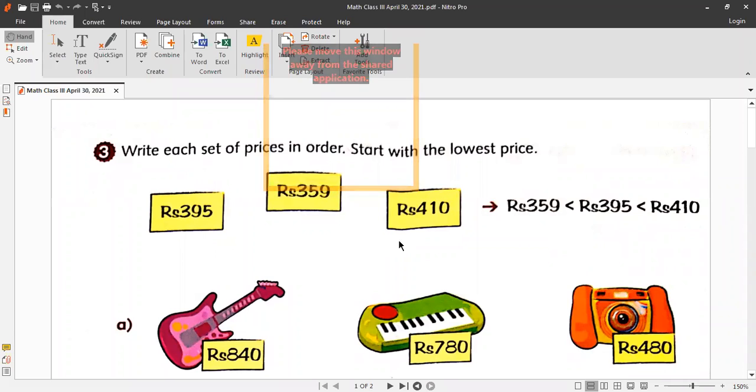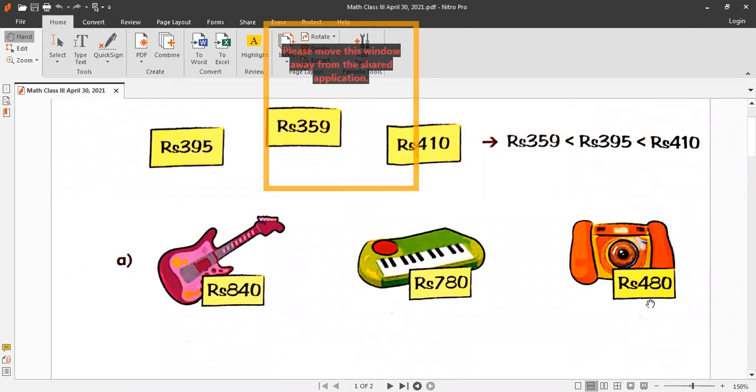By using this method, we can solve parts A, B, C, and D. I'm going to do part A for you. Now you can see how it will be. In part A, we have to find which product is the lowest price.